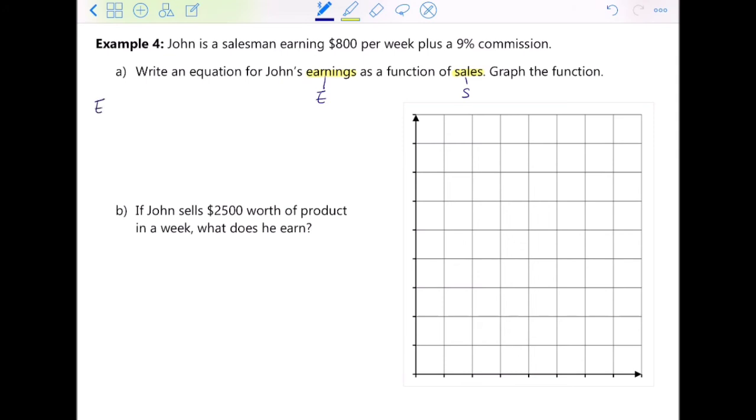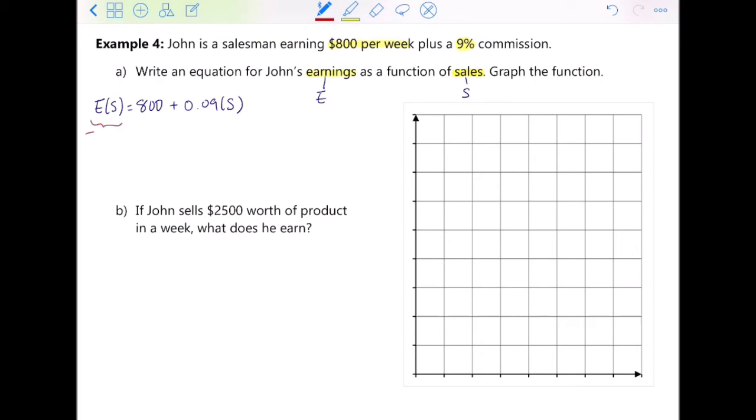So E of S equals, what we need to know is that there's 9% commission based off of his sale and $800 per week as a flat earning. Okay, so we start at 800, that is the initial earning, and it goes up by 0.09 every sale he makes. So let me rephrase this.